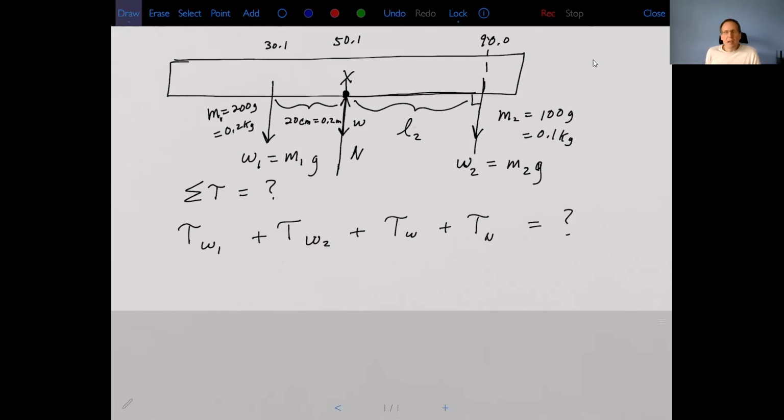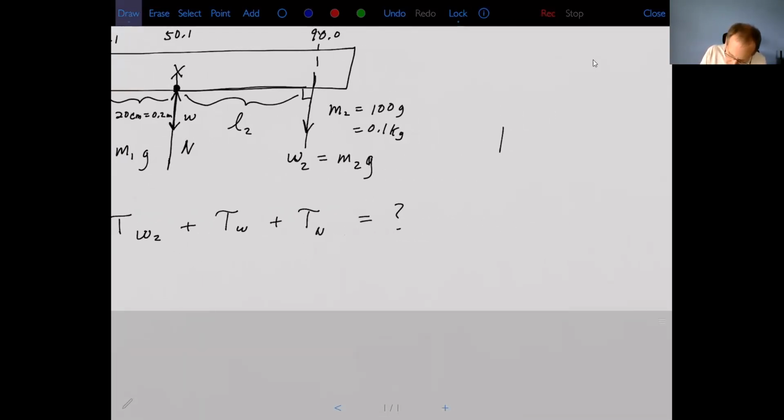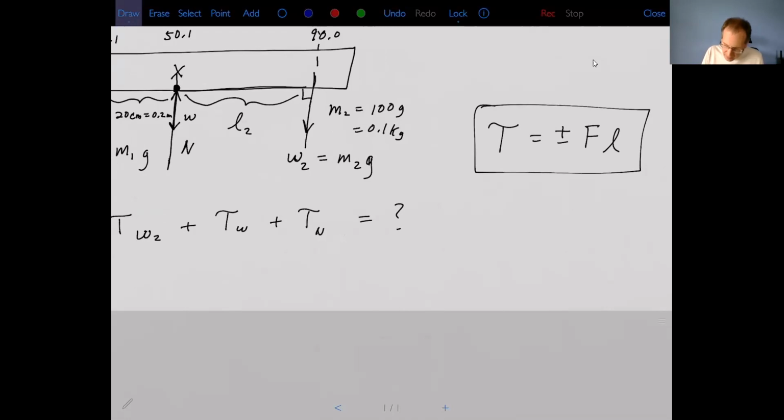Now the question is, can we simplify any of those torques right off the bat? Can we just eliminate any of those torques? Yes, because remember, the equation for torque, I'll write it over here. To calculate torque, it's plus or minus the force times the moment arm, right? We're going to need that to do each of these.